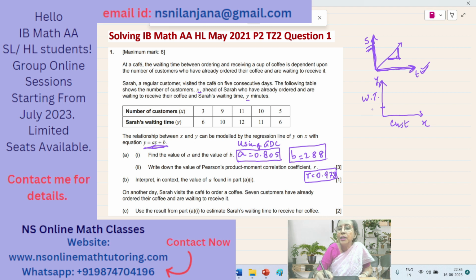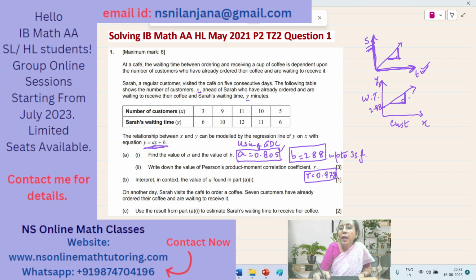Maybe this is 2.88. Maybe this is the straight line. That means if I try to get the gradient, rise over run, I'll be getting this value 0.805 up to three significant figures. Okay.